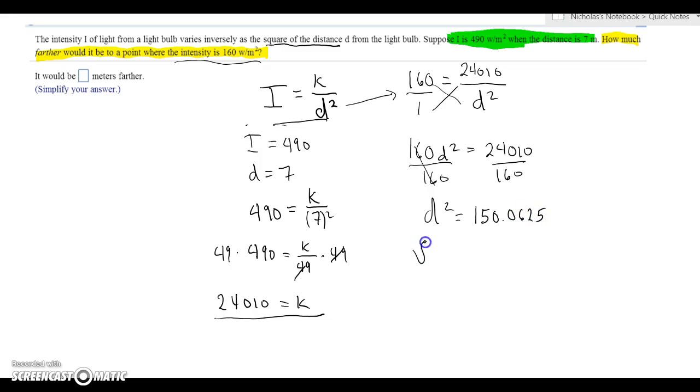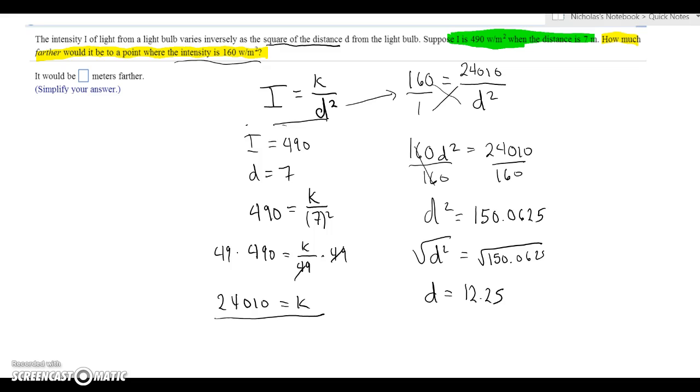And now we're going to take the square root of both sides because we've got to get that d by itself. So to get rid of the squared, we square root both sides. And now I'm going to take the square root of my answer, and I get d is equal to 12.25, right? Now 12.25 is not the answer.